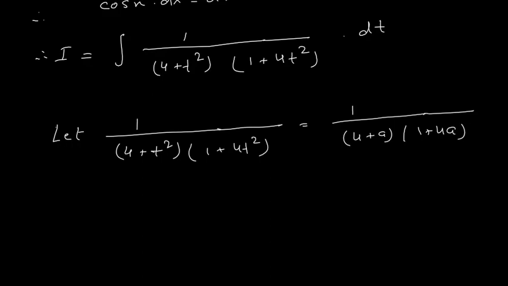When I replace this t square with a, this becomes a linear equation. As it becomes linear, I can write it as a upon (4 plus a) plus b upon (1 plus 4a). Here the only unknowns are a and b.